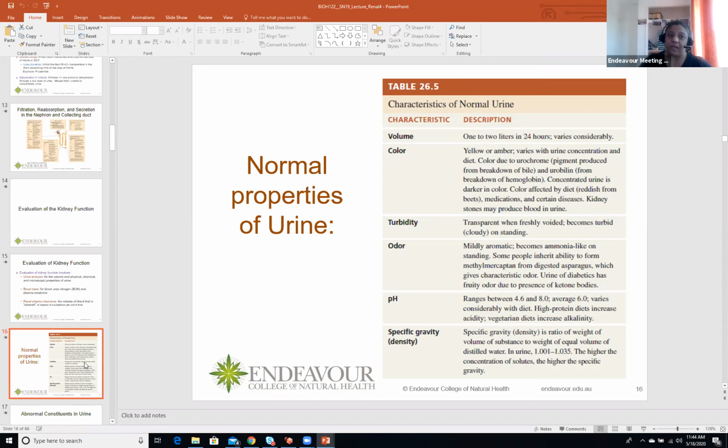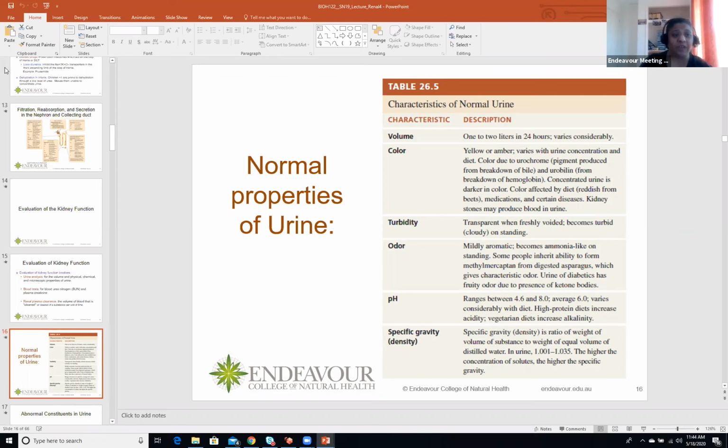Plasma is slightly alkaline, right? So pH always remains slightly over 7, so 7.2 to 7.3. The urine pH will remain between 4.6 to 6 on average. Okay, if it becomes alkaline, then yes, it goes up to 8.